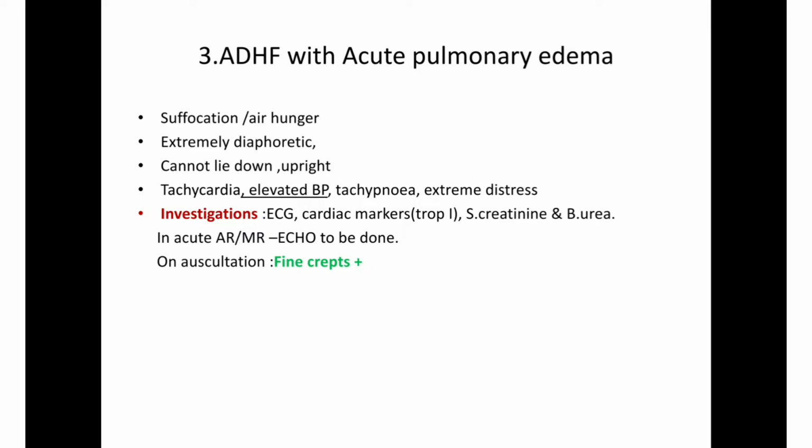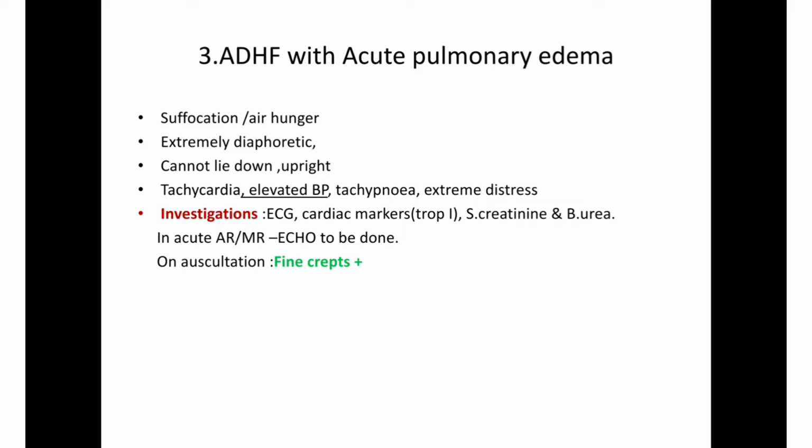For investigation in this situation, first of all we go for ECG and cardiac markers, troponin. Pulmonary edema can be firstly because of a cardiac issue, and secondly renal issues can also cause acute pulmonary edema. So we have to check serum creatinine and blood urea in order to rule out renal causes.